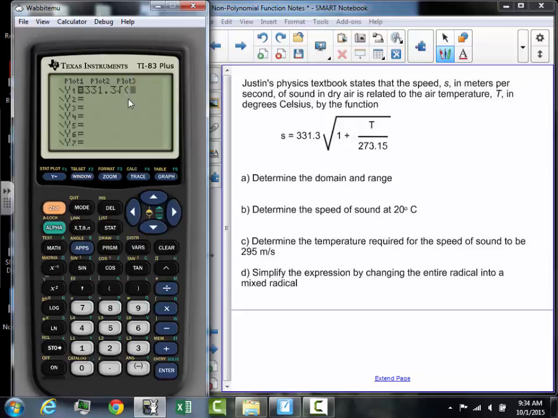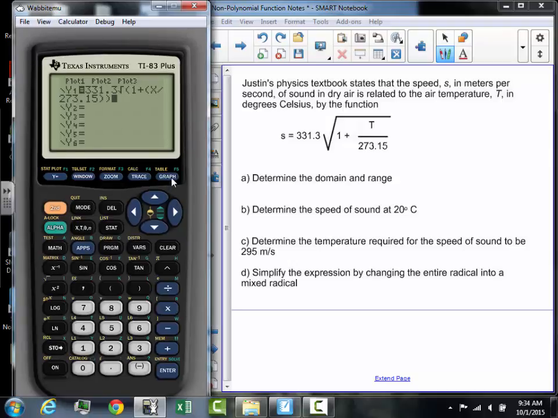I think on some of your calculators you just put the square root sign underneath it. Then I'm going to go 1 plus, and you see how this is a fraction? I'm going to use an extra bracket for that fraction so that I get x over 273.15. And then a double bracket to finish. Let me know if you have issues typing that in.